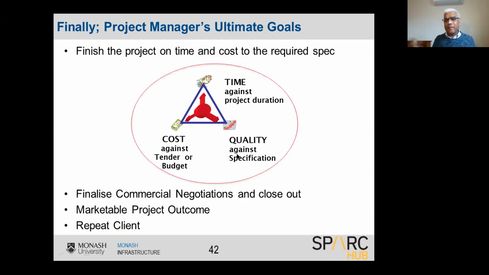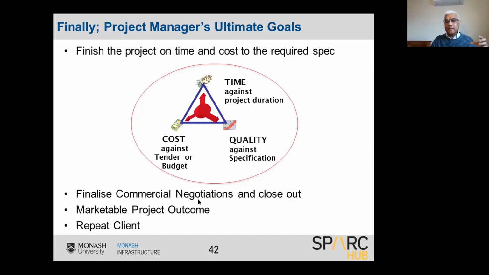But we know that in reality, projects rarely will be finished on time to the cost. So therefore, for me, project managers should go beyond this. They should finalize commercial negotiations and close out.